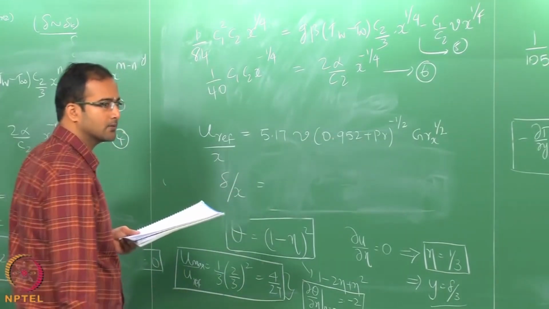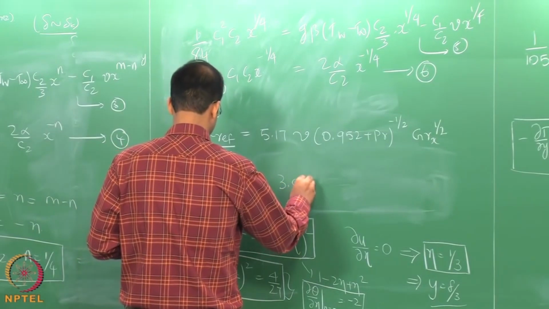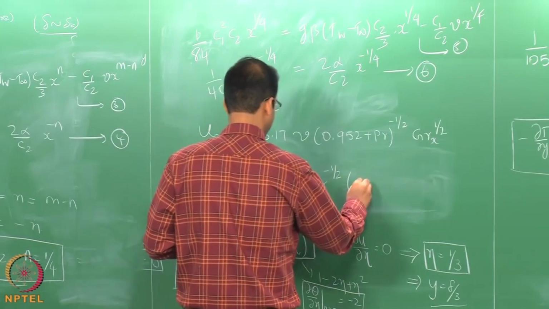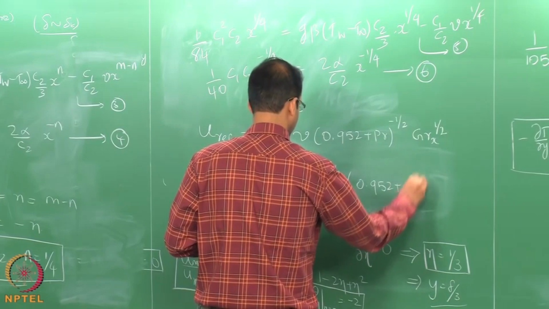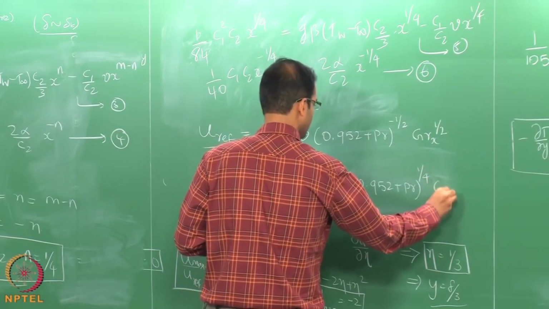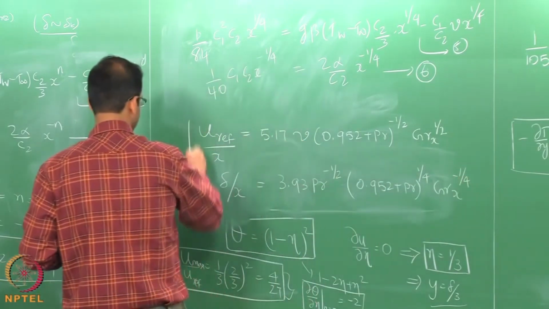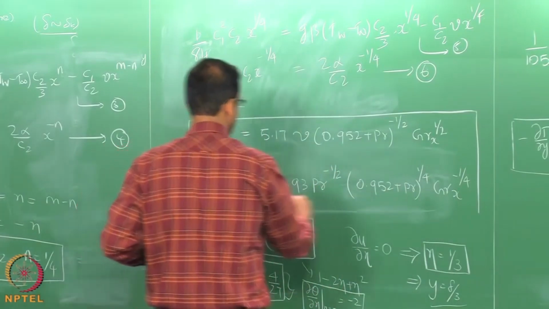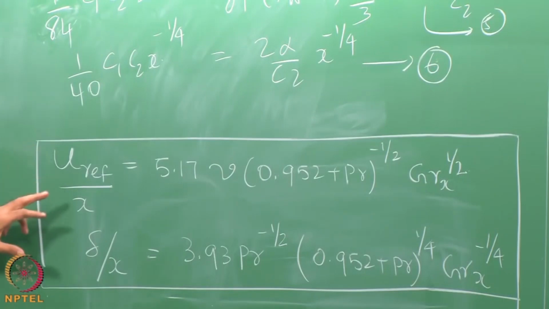So once you get C2, you can also get the expression for delta, 3.93 into Prandtl number to the power minus half. So finally we have the correct expression to determine the exact magnitude of u reference and delta.